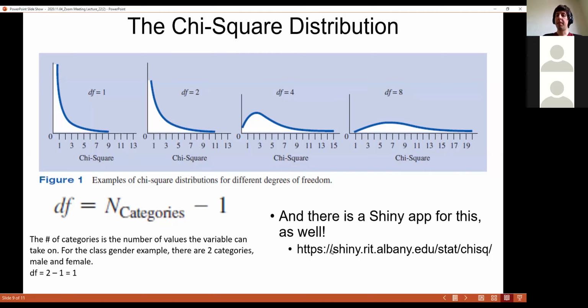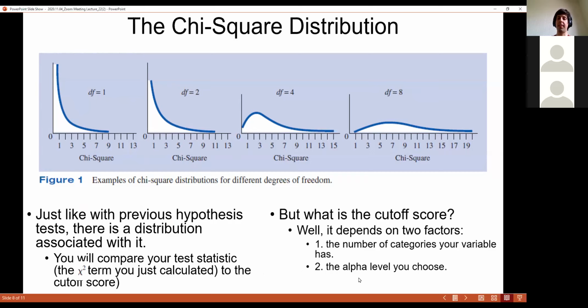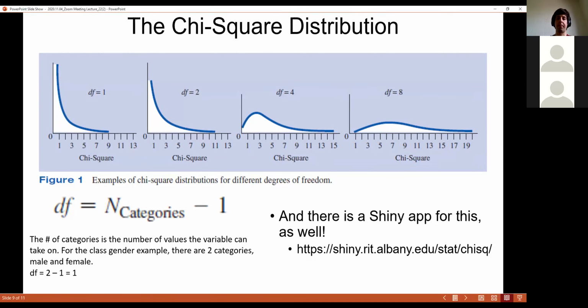And there's a Shiny app for figuring out what the chi-square distribution you're working with will be. And also, you need to know the alpha value, just like for all the other tests we've done. And that will determine where the cutoff is for the particular chi-square distribution you're working with.